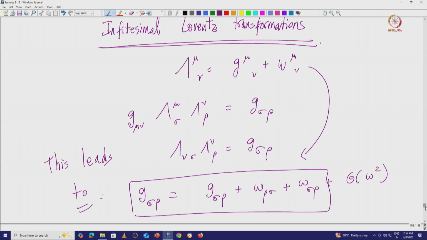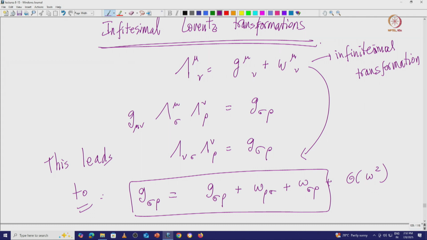We immediately see by a simple transformation that an infinitesimal transformation of the metric tensor should give you back your Lorentz transformation, or this is essentially unity. So a minor modification of the unity should give you a Lorentz transformation.